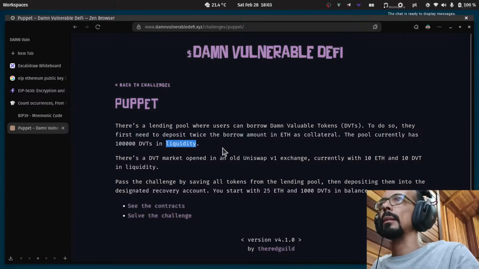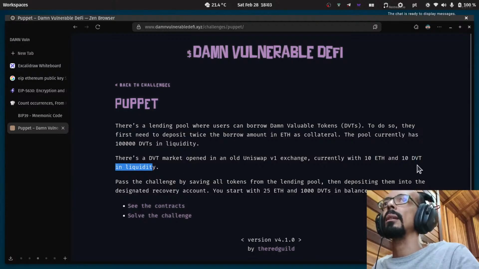And so it means I can borrow all that amount. There is a DVT market open in the old Uniswap V1 exchange, currently with 10 Ethereum and 10 DVT in liquidity. So there are 10 Ethereum. Maybe I need to take that, right? Pass the challenge by saving all tokens from the lending pool, then depositing them into the designated recovery account. You start with 25 Ethereum and 1000 DVTs in balance.